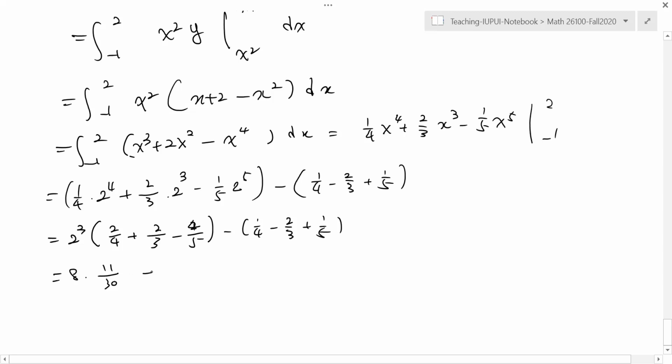The second one, I will get negative 13, so it becomes positive.